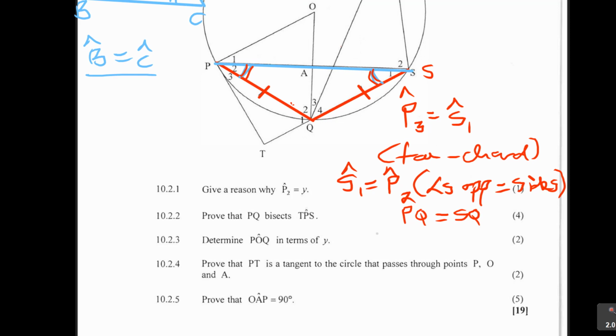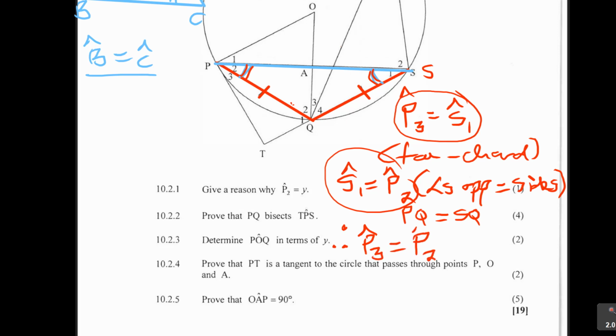Now look at this. We can say therefore, now P3 is equal to S1, right? And S1 is equal to P2. So if P3 is equal to S1, and at the same time S1 is equal to P2, therefore you can conclude that P3 is equal to P2, right?